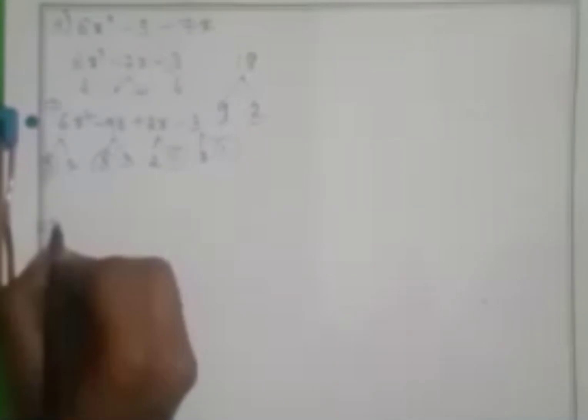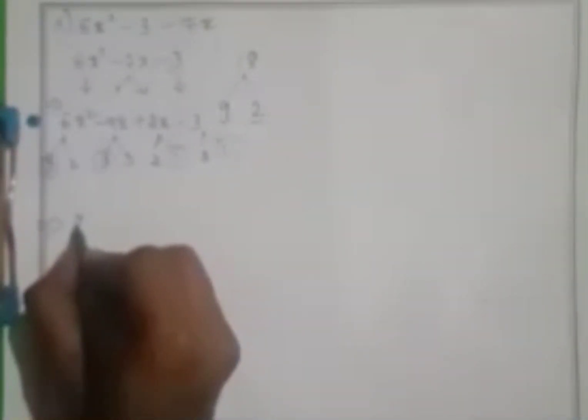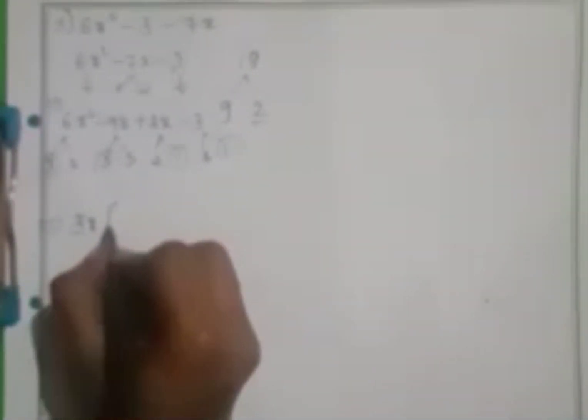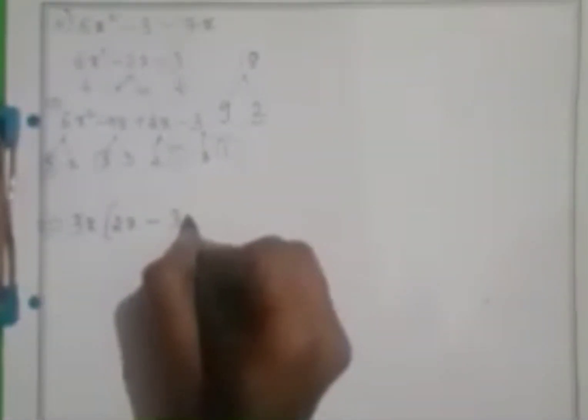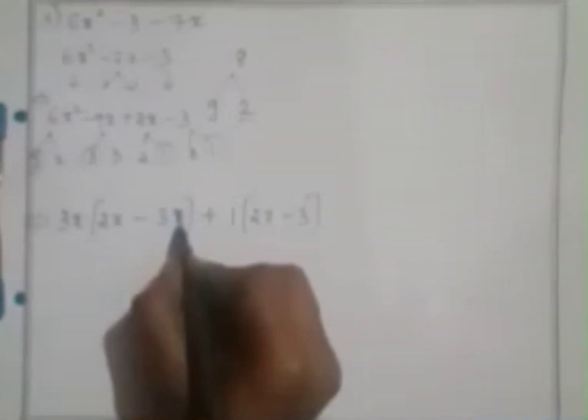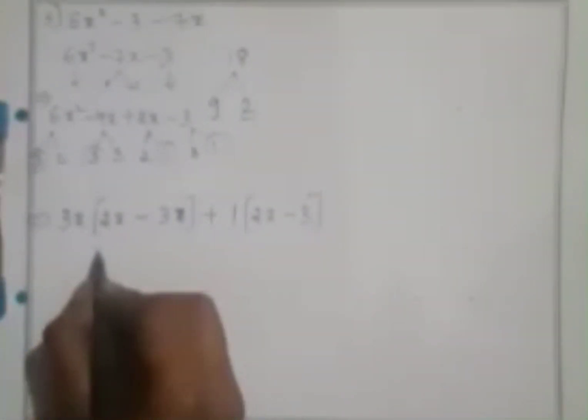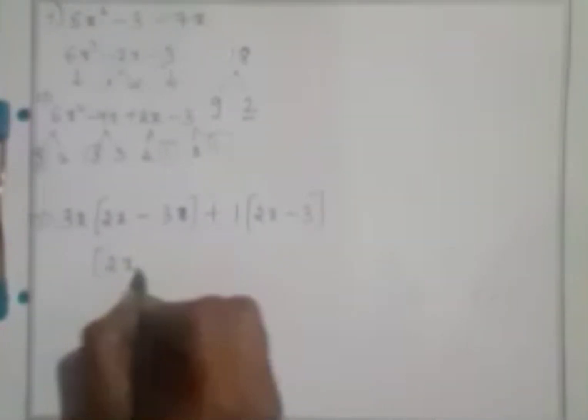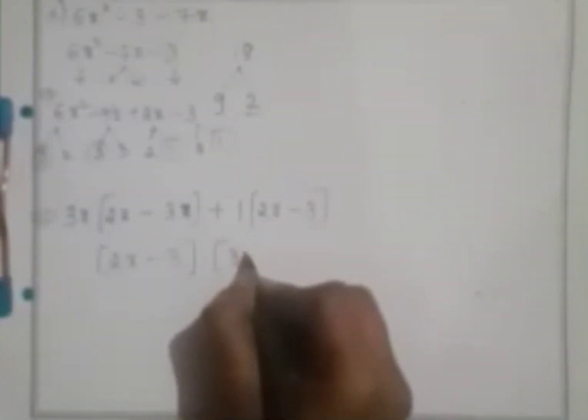So in the next step let us take the common out. 3x into 2x minus 3, plus 1 into 2x minus 3. Now 2x minus 3, 3x plus 1.